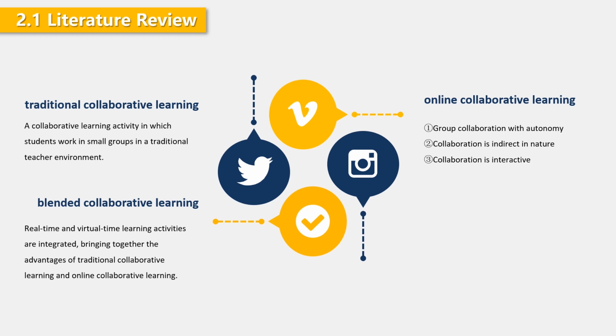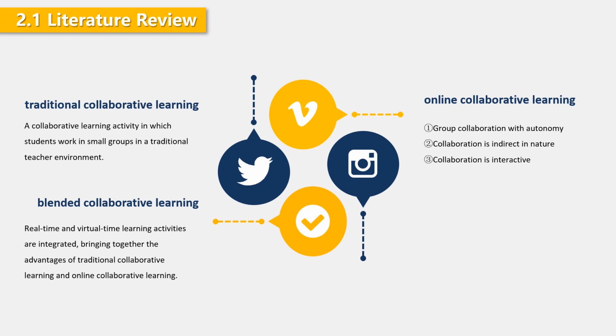Traditional collaborative learning is an activity in which students work in small groups in a traditional setting. However, it has led to many disadvantages. The online collaborative learning has the following characteristics. First, group collaboration is autonomous.